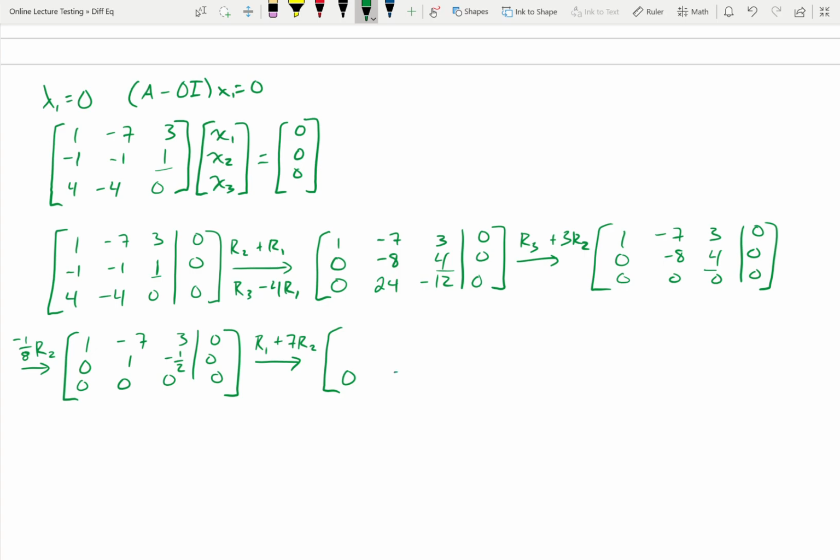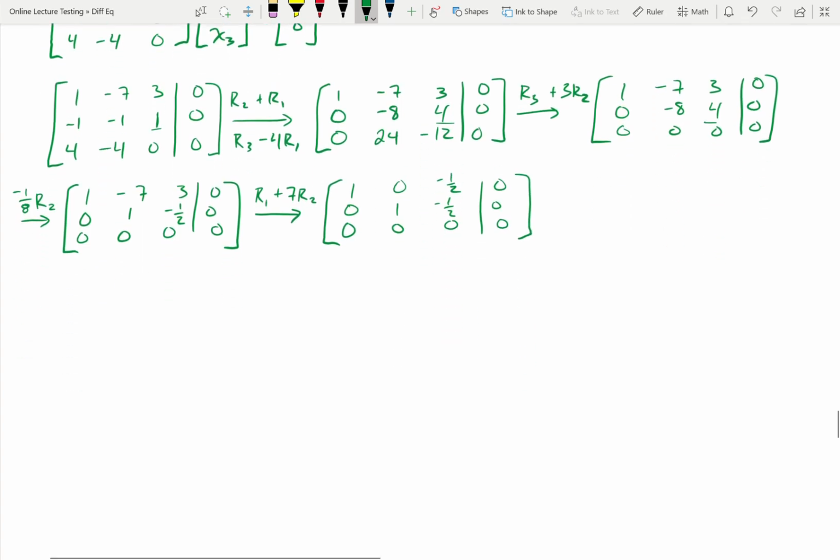And so on the bottom, we get the 0 row, 0, 1, -1/2, 0, and then 1, 0, -1/2, 0.